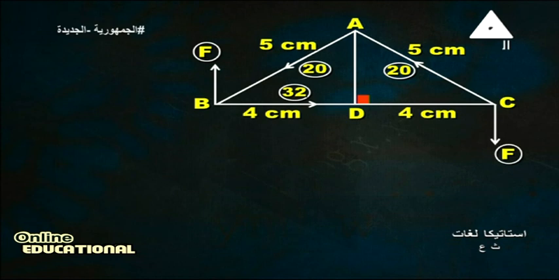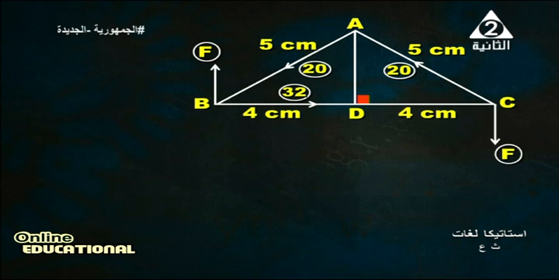Look: force 20 divided by 5 equals 4. The force which acts at BC, 32 divided by 8, equals 4. Also, the force which acts at CA, 20 divided by 5, equals 4.